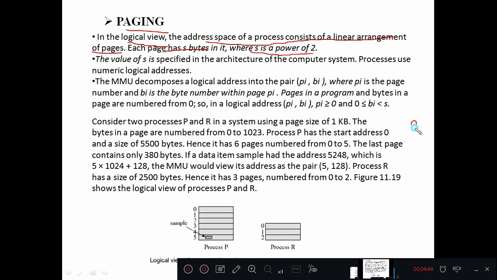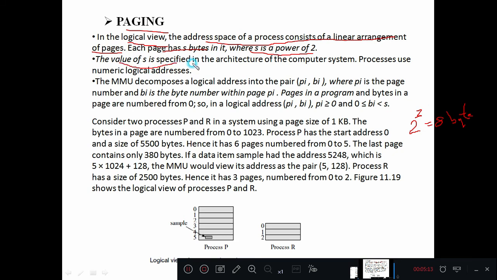So let us say the page size is 8, where 8 is a power of 2, right? So page size can be 8 bytes, 16 bytes, 32 bytes and so on, right? Whatever the page size is, it should be a power of 2.